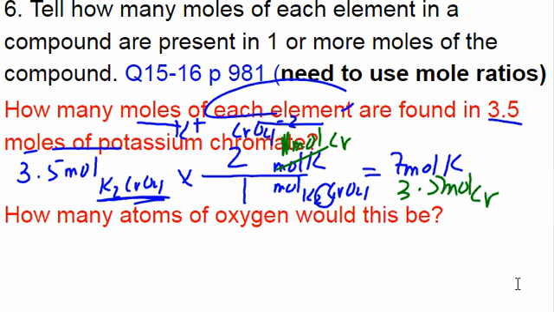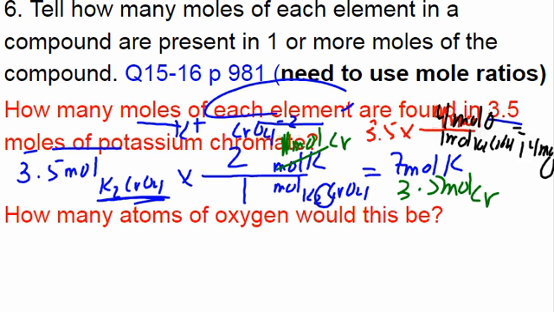And I apologize if this is getting messy, but for the last one, I would take my 3.5 moles and put oxygen on the top, 4 moles of oxygen in every 1 mole of the potassium chromate. So that means I've got 14 moles of oxygen.